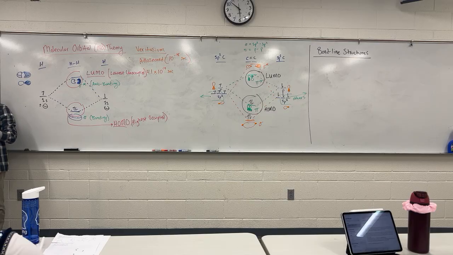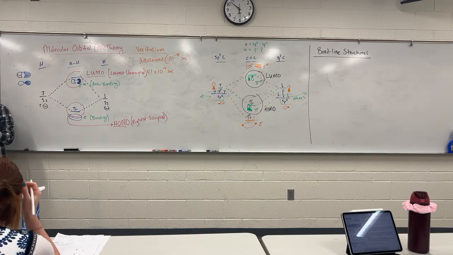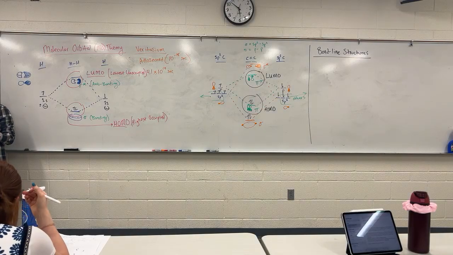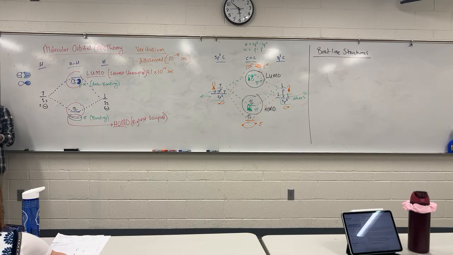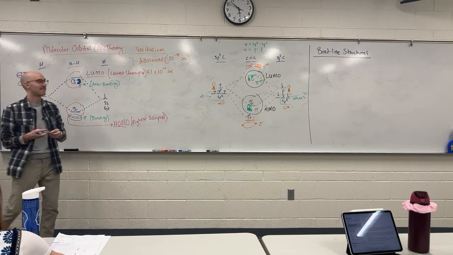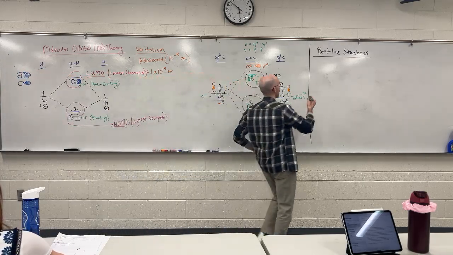Okay, we are going to make assumptions in bond line theory, or bond line structures. So we need to be on the same page about the assumptions. We have to agree on the assumptions. And the hard part is that you don't get to negotiate the terms of the agreement. You just have to agree to the assumptions that have been established. All right, here's how I like to go through it.